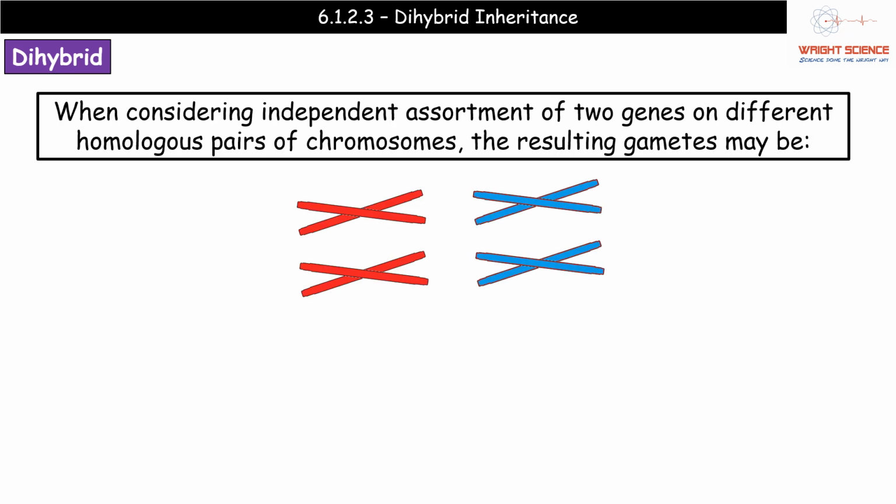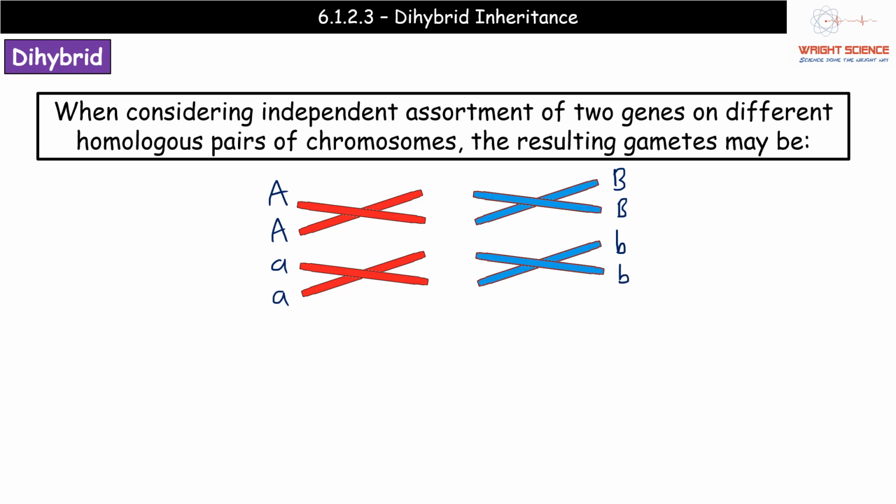If we consider independent assortment that occurs during meiosis. In our diagram here, we've got a couple of sets of chromosomes. So we've got homologous pairs of chromosomes, and we're going to label up the actual alleles present. These red ones are going to have capital A's, these ones lowercase a's, and then for simplicity, the blue ones are going to have the B's.